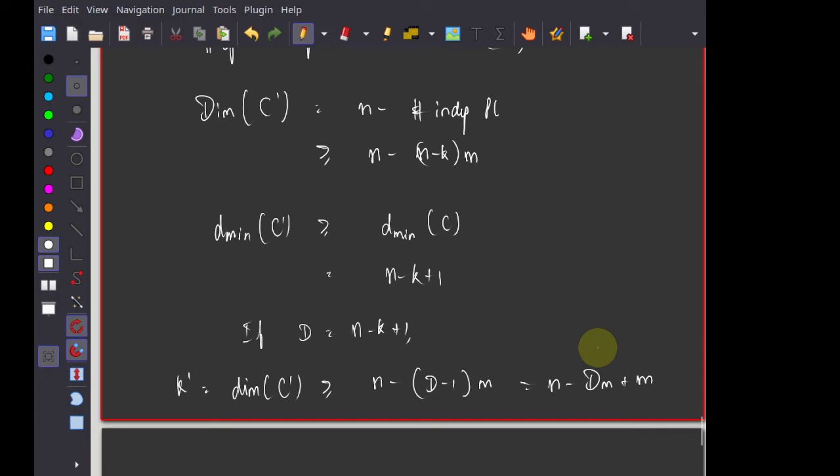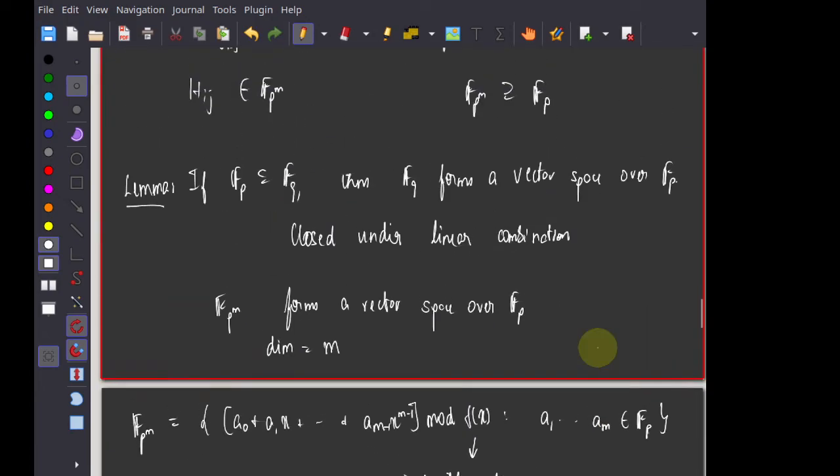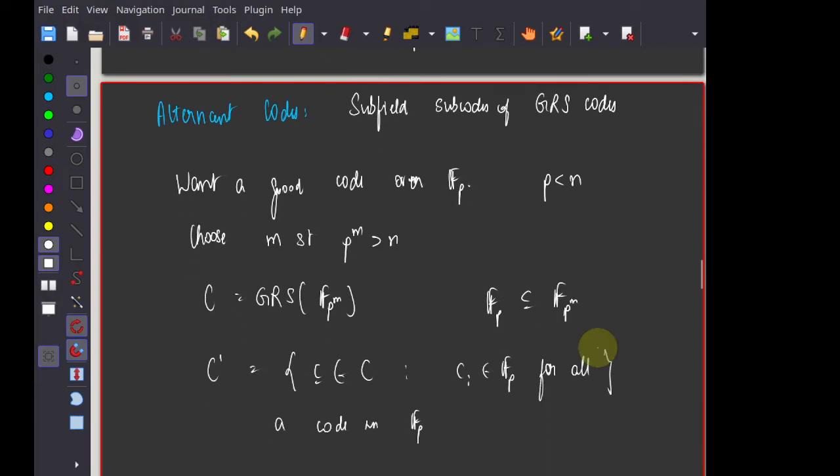For any alternant code, every subfield subcode is an alternant code. We have some guarantees for the rate and the minimum distance. And this is one way to construct a reasonably good code over finite fields. Right now, so far, this is the best way of constructing good codes over finite fields.